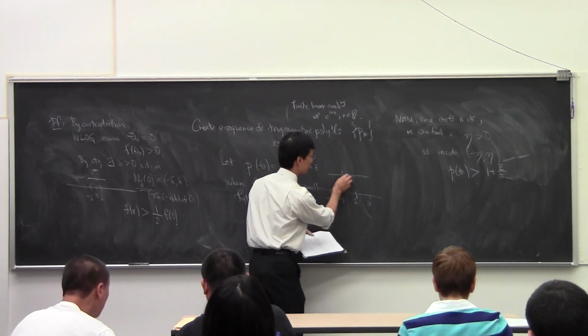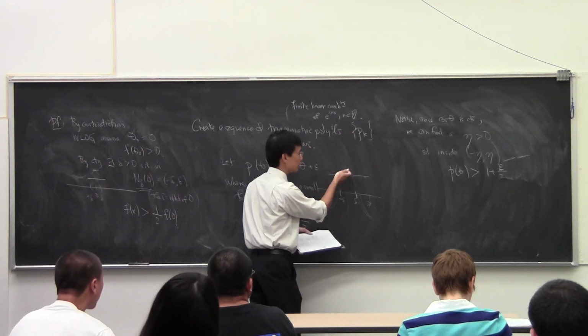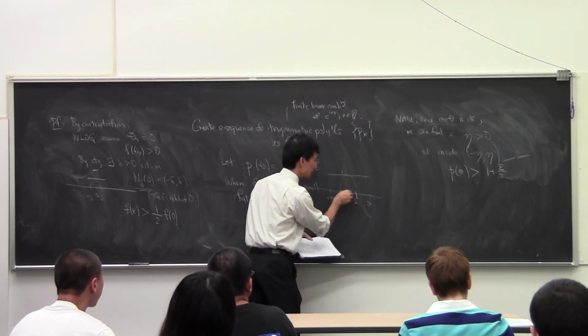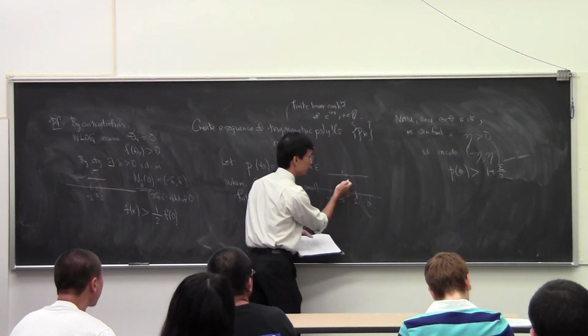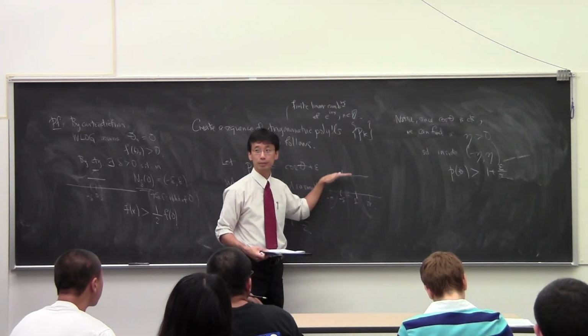Because the function is 1 here, we've shifted it up by epsilon, and we can choose a tiny eta so that inside there, we're bigger than 1 plus epsilon over 2.